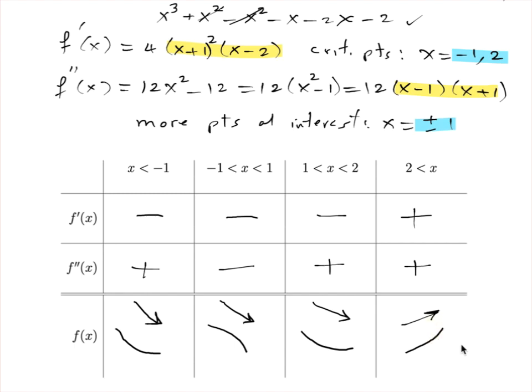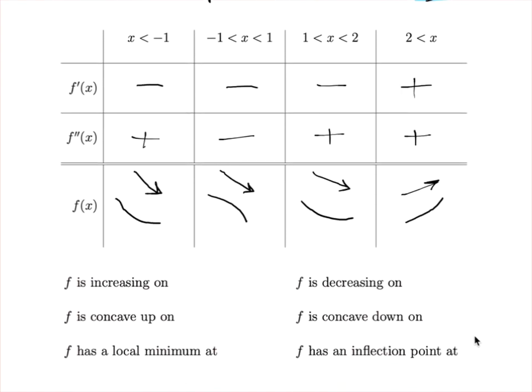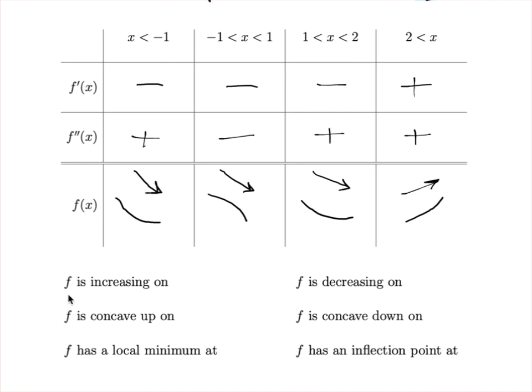So now we can finish the problem. F is increasing on 2 to infinity. It's decreasing on negative infinity to 2. So this is where x is 2.